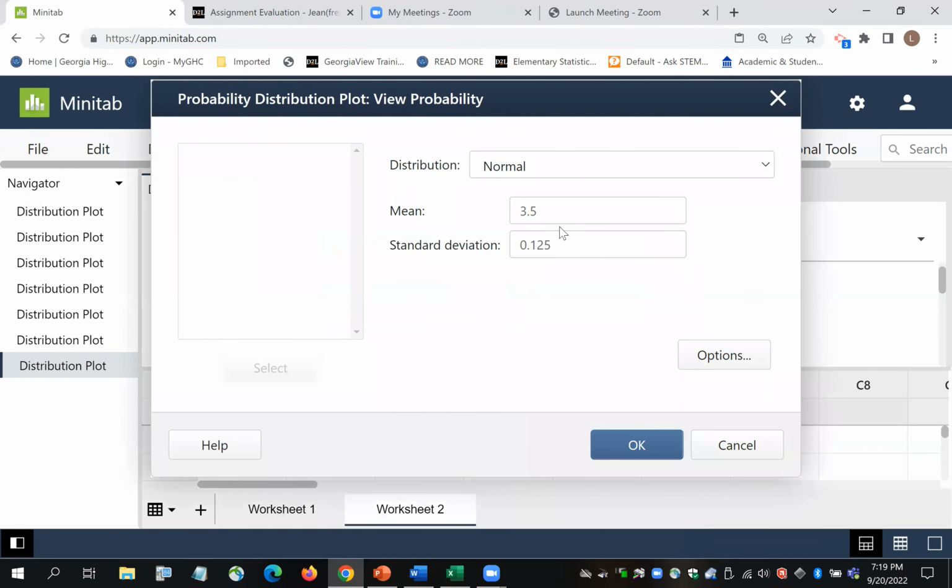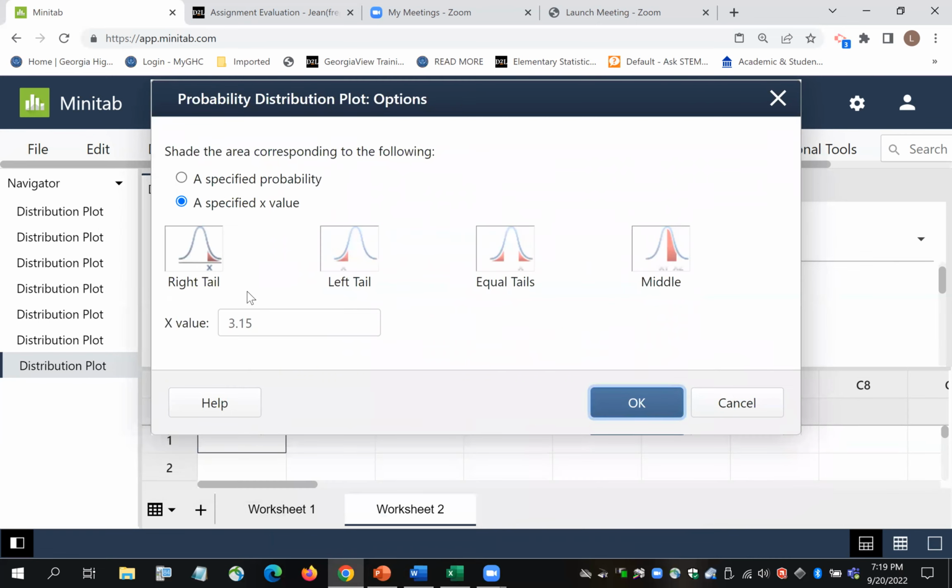And I can get all these numbers in and go through options. And when I click the tab and put the tail under the specific X, okay, 3.1. Do you have the blue dot next to a specified X value? I do. And when I click X tail or left tail or right tail, it says it's not available or the value is incorrect.